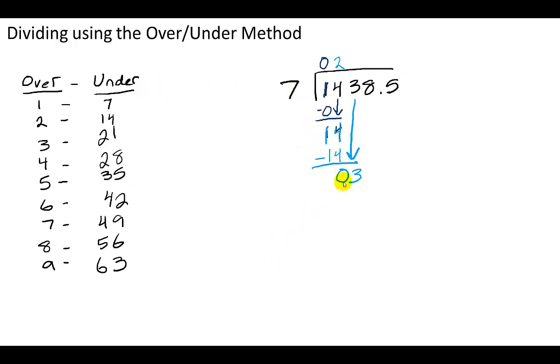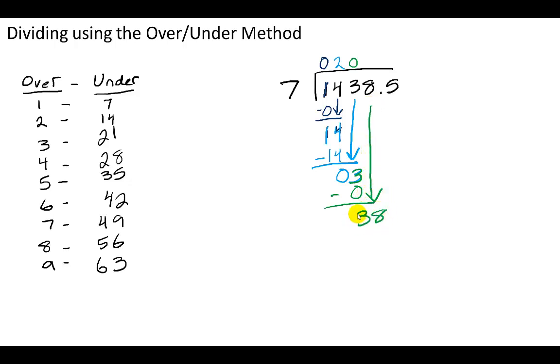Looking at the over-under list this time, we're going to be focused on 7 going into 3. So where does 3 show up? Well, it doesn't. Once again, 7 is the smallest number, so 7 goes 0 times into 3. We can't do that. 7 is too large. So when we say 3 take away 0, we get 3, and now we bring down 8.